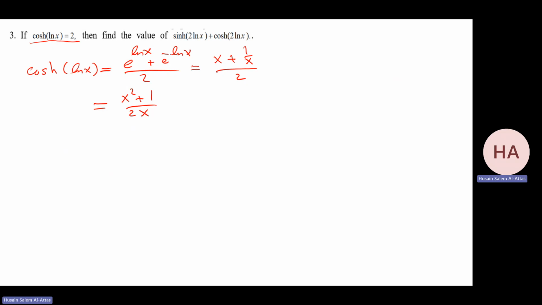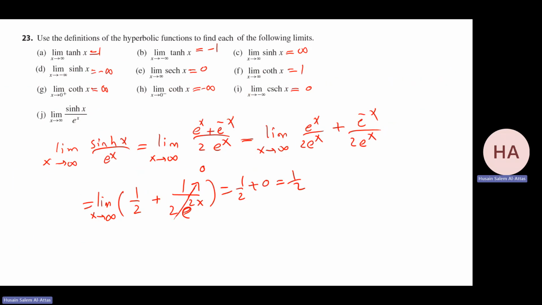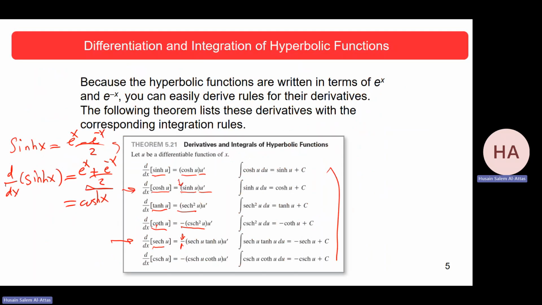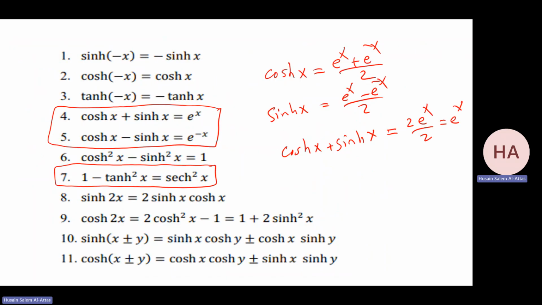That will not help. Now, if we go back to the formulas, these are the formulas. I know that sinh 2x is equal to this, and cosh 2x is equal to this.